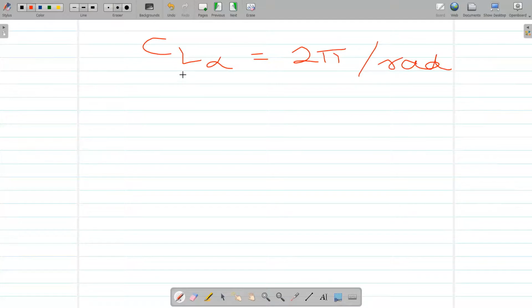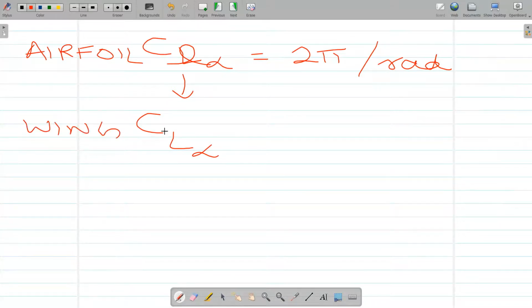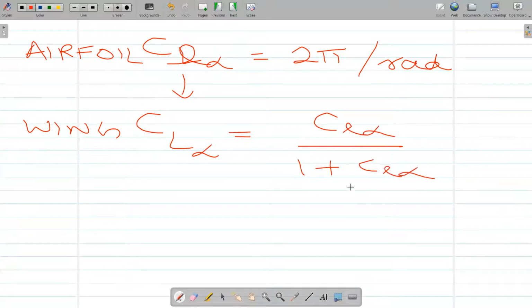And when going from airfoil to a wing, I know that my lift curve slope is definitely going to reduce because of the 3D wing effect or the downwash effect. And that is basically given by CL alpha divided by 1 plus CL alpha divided by pi aspect ratio. And this is for an elliptical wing, right?